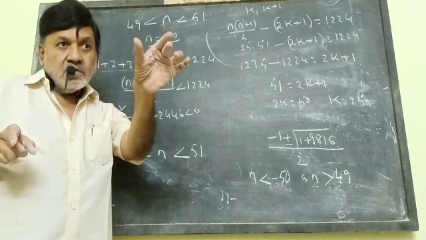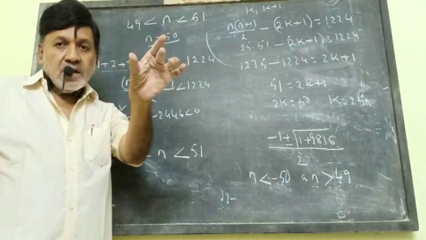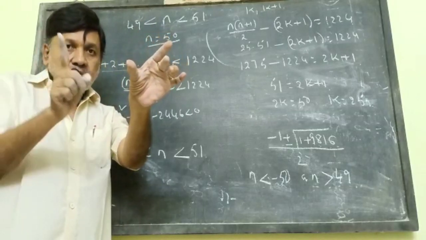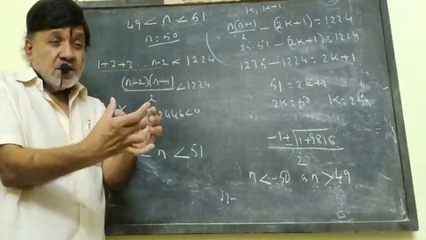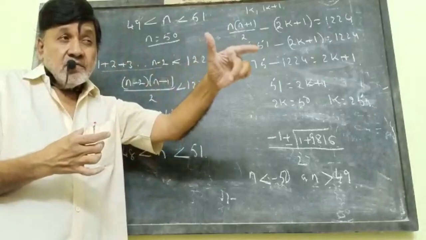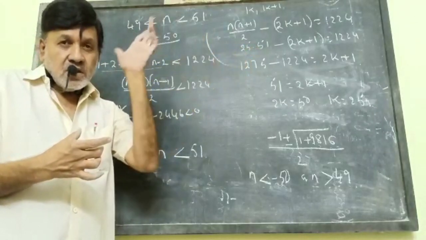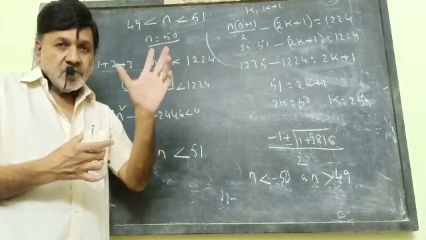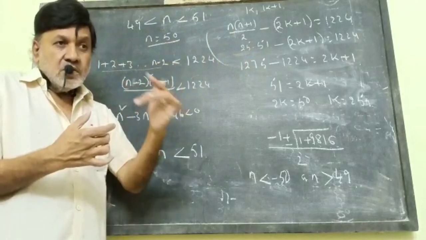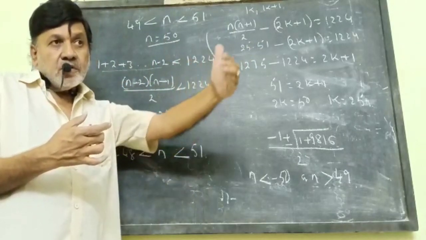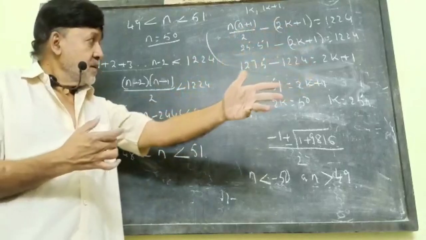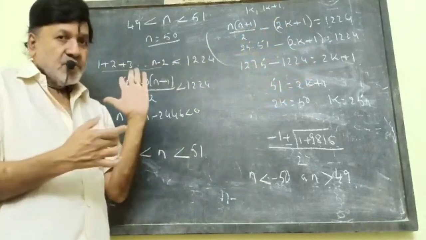So 1224 is definitely greater than 1 plus 2 plus 3 up to n minus 2. And it is definitely less than the sum you get if you remove the least numbers, that is 1 and 2. So 1224 is definitely less than 3 plus 4 up to n. So that is the crucial step.